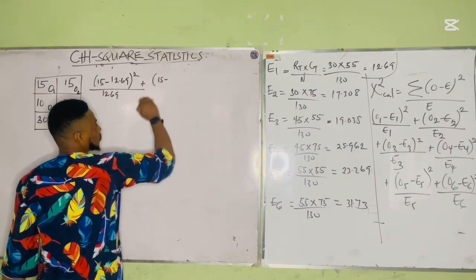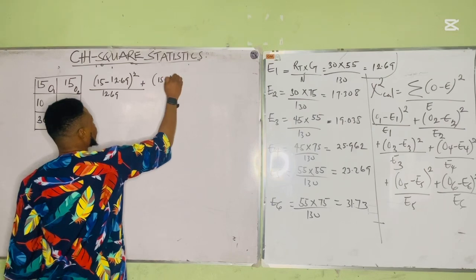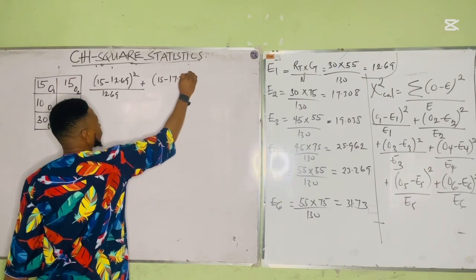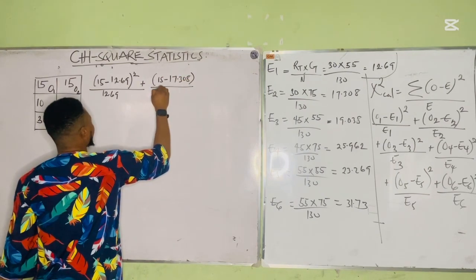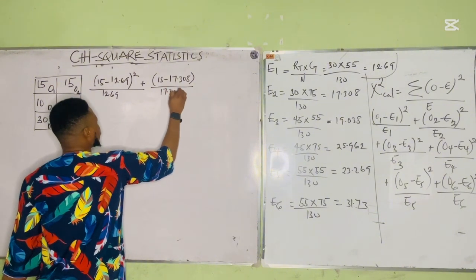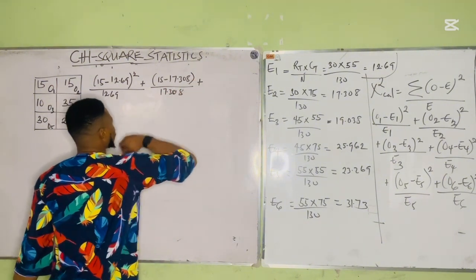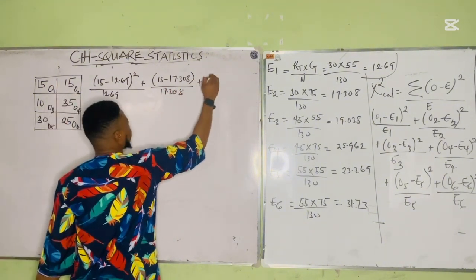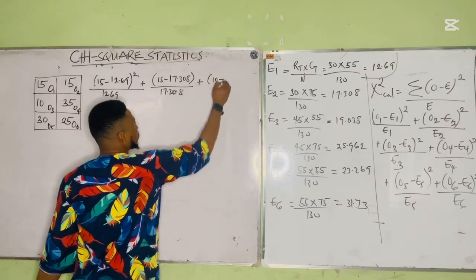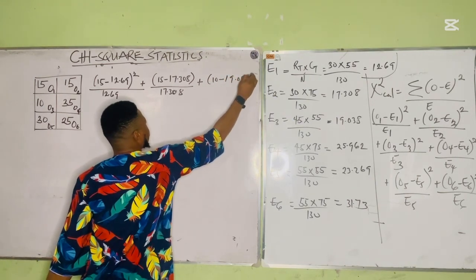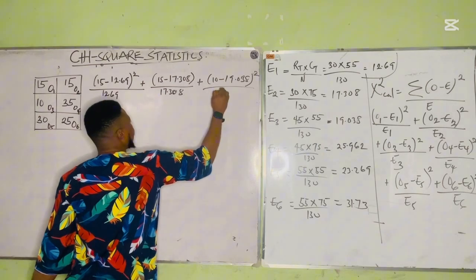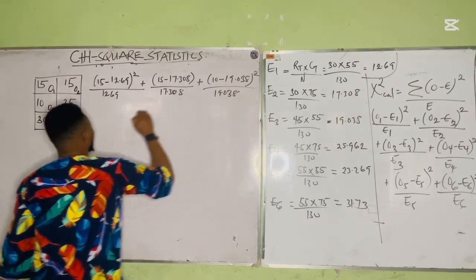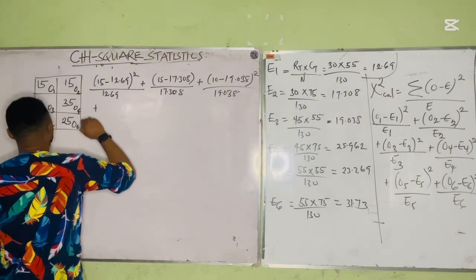So 15 minus E2, which is 17.308, all divided by 17.308. Now plus O3 is 10. So we say 10 minus E3, which is 19.038, all squared divided by 19.038.